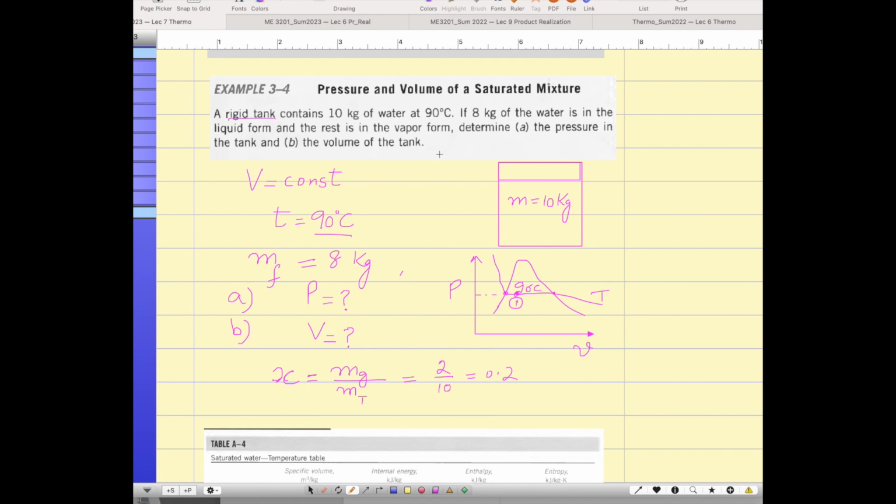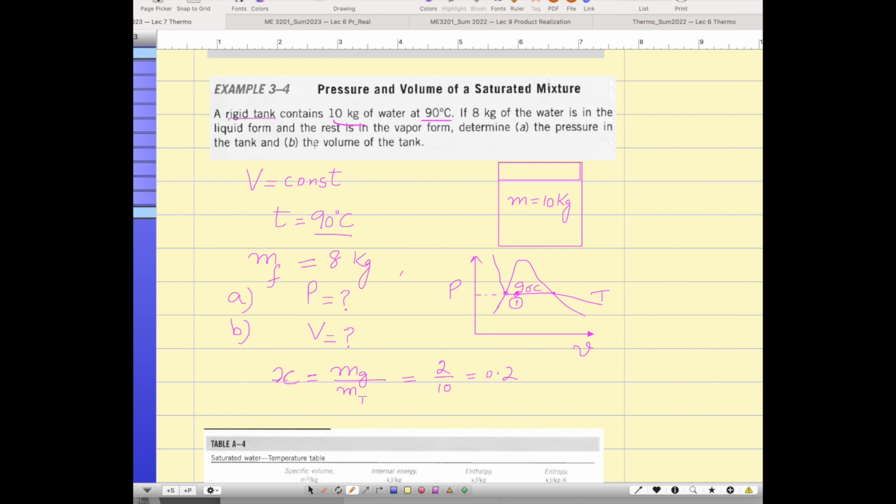Let's solve this problem. A rigid tank contains 10 kg of water at 90 Celsius. If 8 kg of water is in the liquid form and the rest is in the vapor form, determine the pressure in the tank and the volume of the tank. Let's go ahead and find out some unknowns.